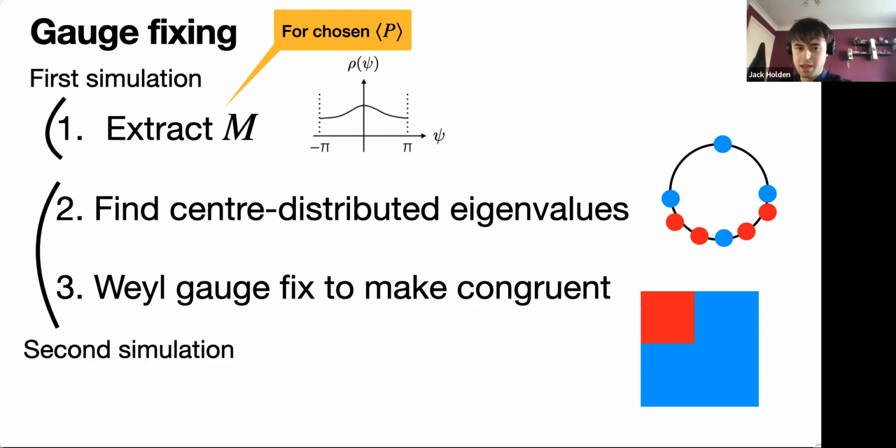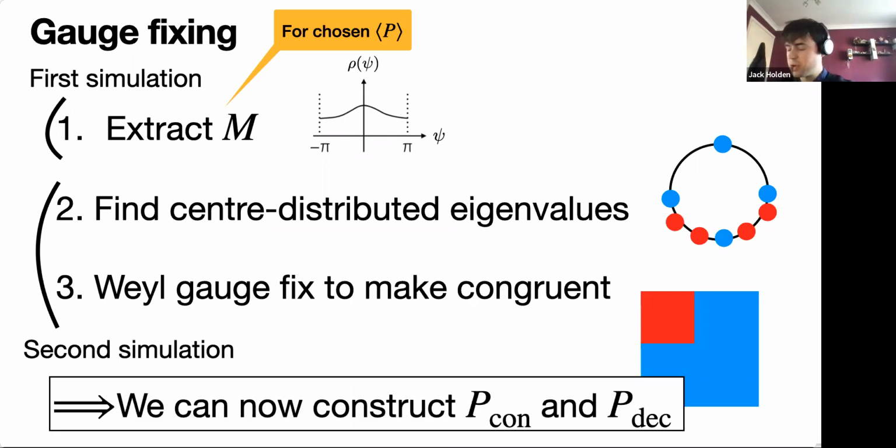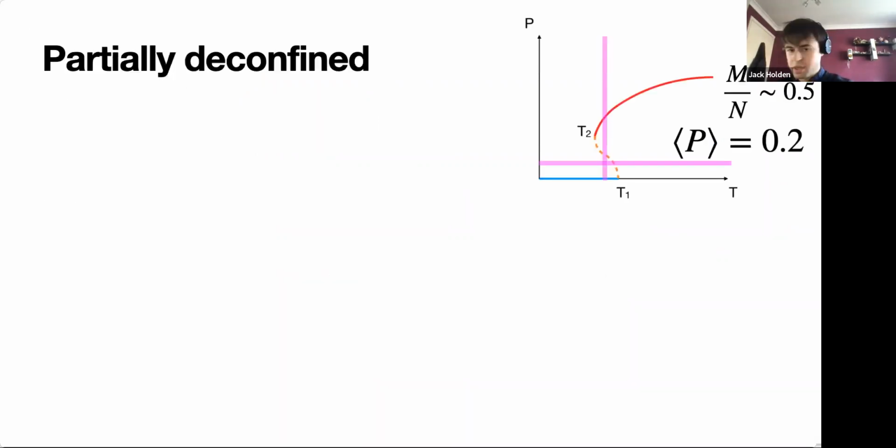And then we run a second simulation where, now that we know M, we can sort the eigenvalues into the uniformly and non-uniformly distributed eigenvalues, or the eigenvalues corresponding to the confined and deconfined phases. Then we can construct these objects P-con and P-dec and make measurements. So this is what we'll do now.